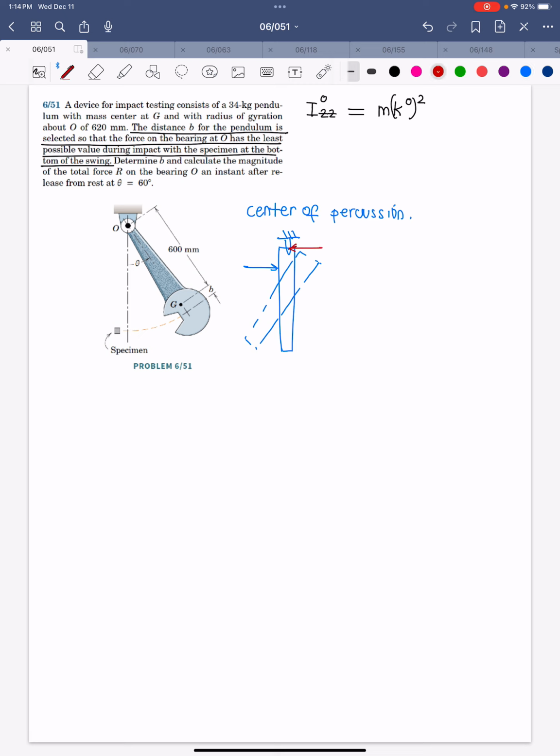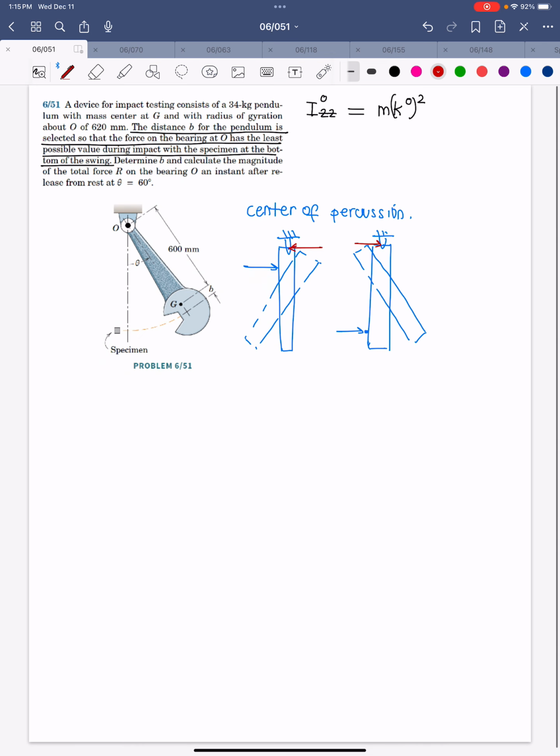But if I take the same pendulum and impact it here, at a location low enough, then the pendulum, if the pin is not there, is going to tend to rotate this way, meaning that the horizontal component of the reaction force at O points rightwards.